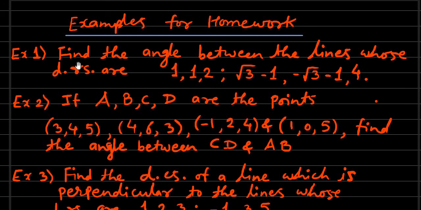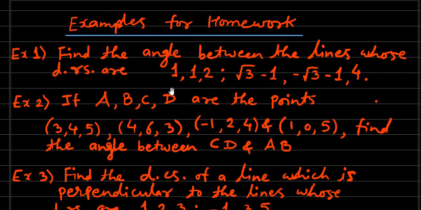So first example is, find the angle between the lines whose direction ratios are 1, 1, 2 and root 3 minus 1, minus root 3 minus 1, 4. This example is exactly similar to the first example that we have solved today.